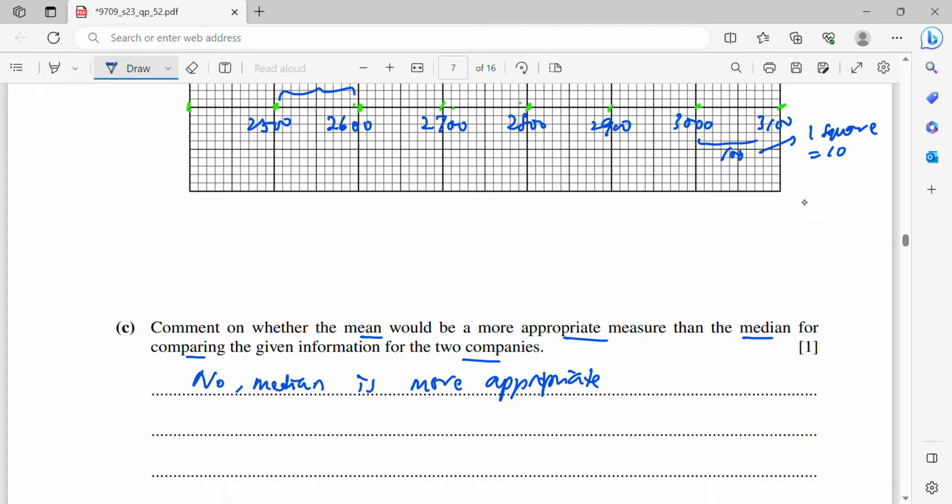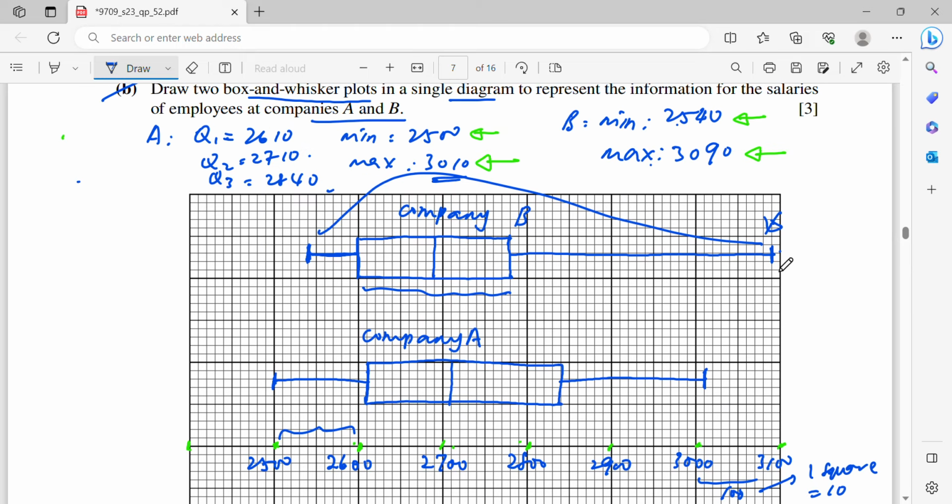Right? Why? Because there is extreme value in company B. So the extreme value is basically referring to the maximum, because all these are almost the same except the maximum.